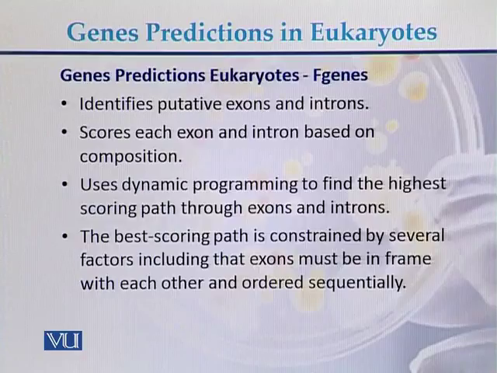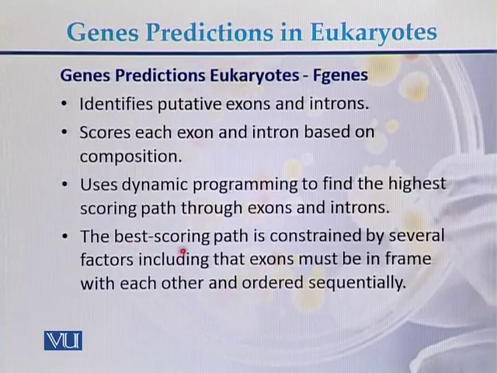The second tool, called Fgenes, is used for gene predictions in eukaryotes. This software identifies the exons and introns and gives a score to each exon and intron based on the composition, and uses dynamic programming to find the highest scoring path through exons and introns.